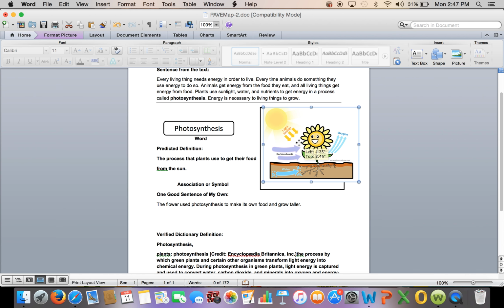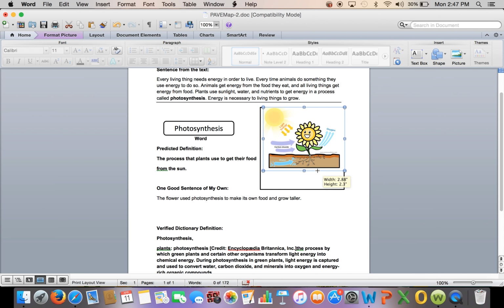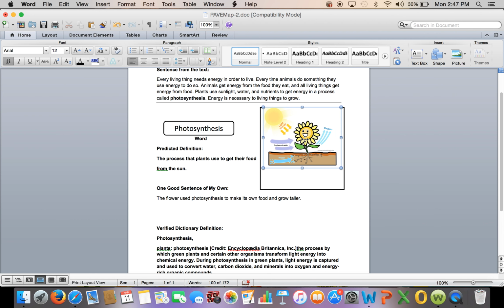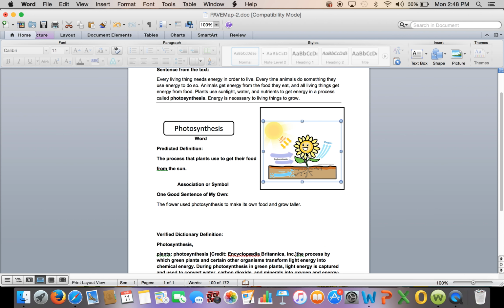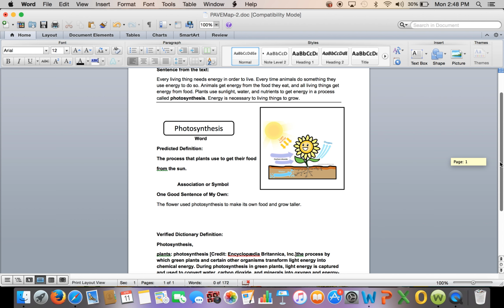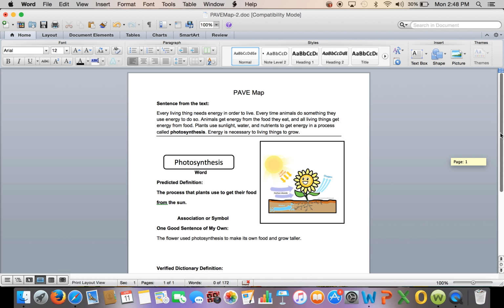That way you can see it all together. So now we have everything together, and everything makes a little bit more sense. So this is the PAVE procedure, my strategy that I have demonstrated, and I hope you enjoyed my video.